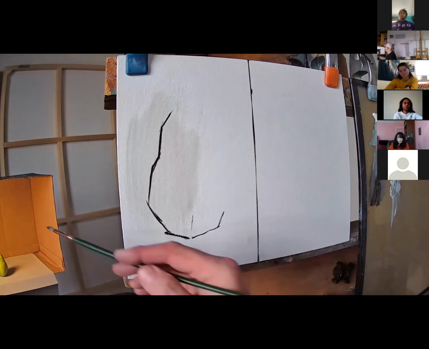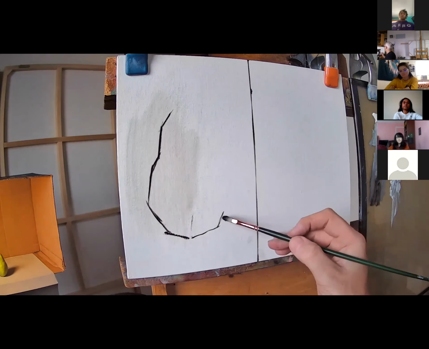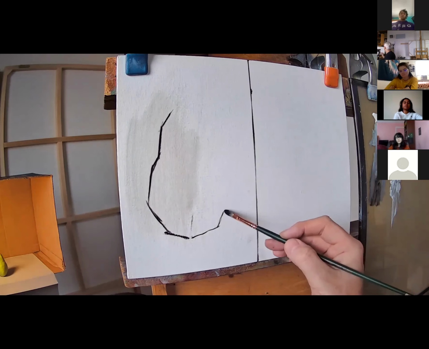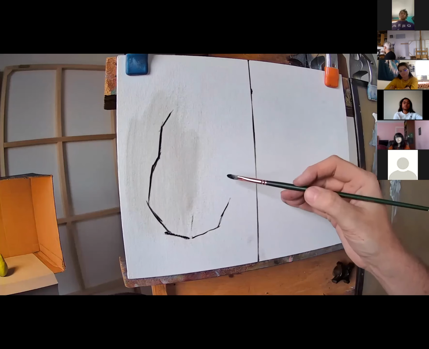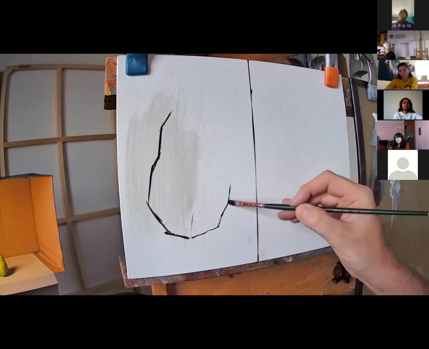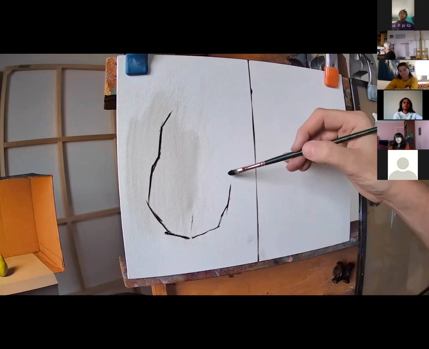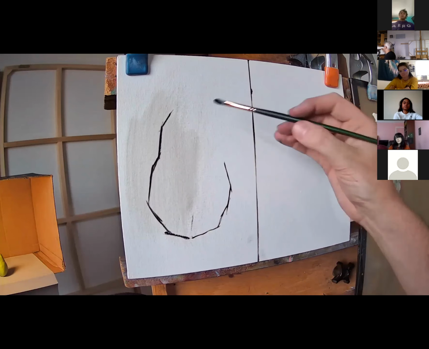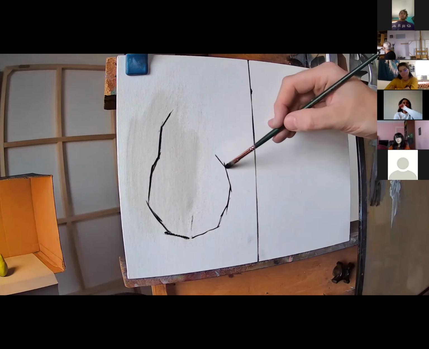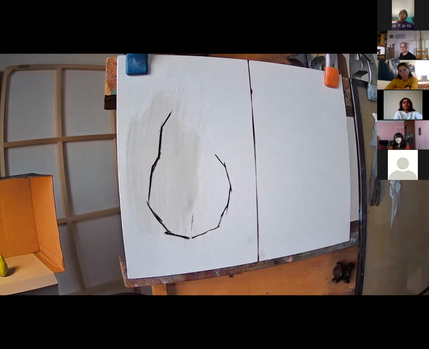So where are the planes on that object that allow me to see that as a volume moving through space?